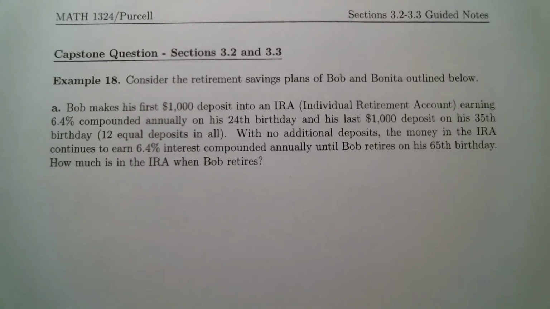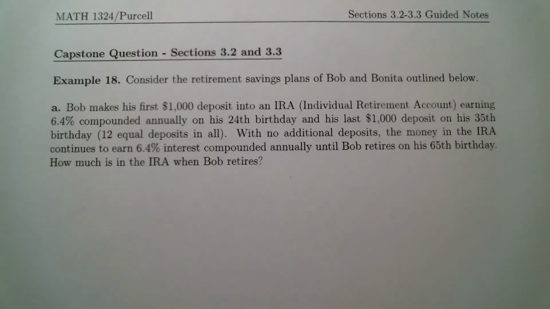Consider the retirement savings plans of both Bob and Bonita outlined below. Bob makes his first $1,000 deposit into an IRA, which stands for Individual Retirement Account, earning 6.4% compounded annually on his 24th birthday, and his last $1,000 deposit on his 35th birthday, which is 12 equal deposits in all.